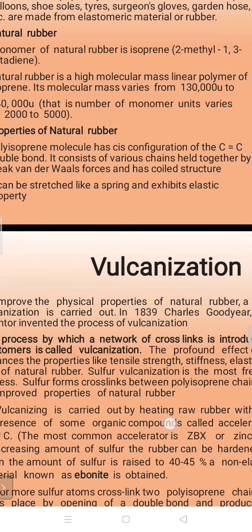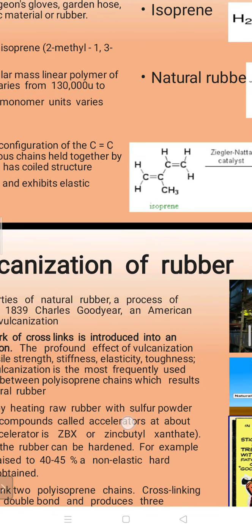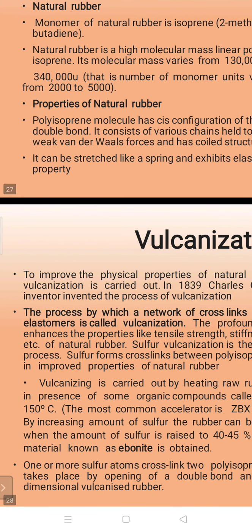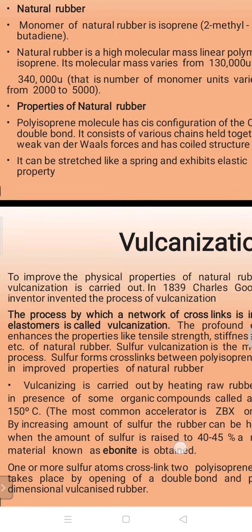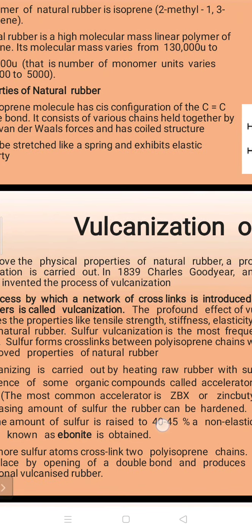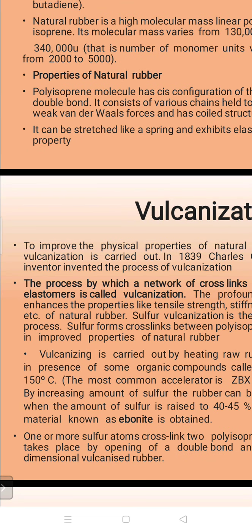So sulfur vulcanization is the most frequently and effectively used for this process. Sulfur forms cross-linking between the polyisoprene chains which results in improved properties of the natural rubber, and that's why sulfur has a very important role in vulcanization.